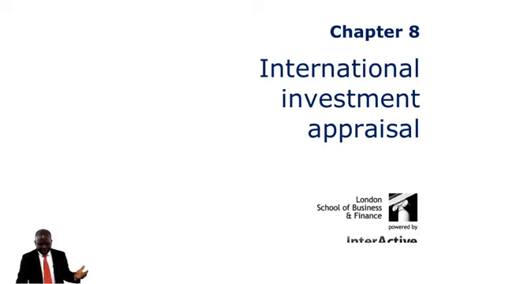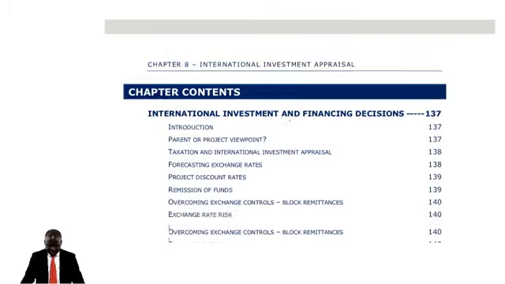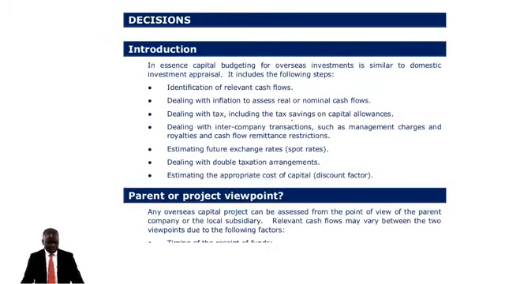So what I have explained is what is given to you in your note. In order to appraise international investment, identify your relevant cash flows in the currency of the country in which the project is supposed to be undertaken.